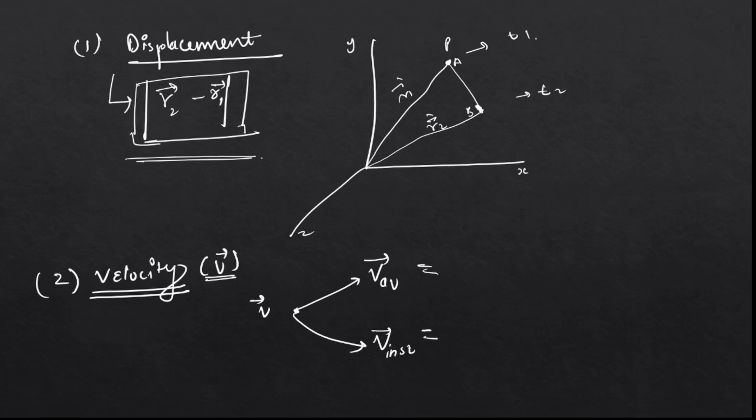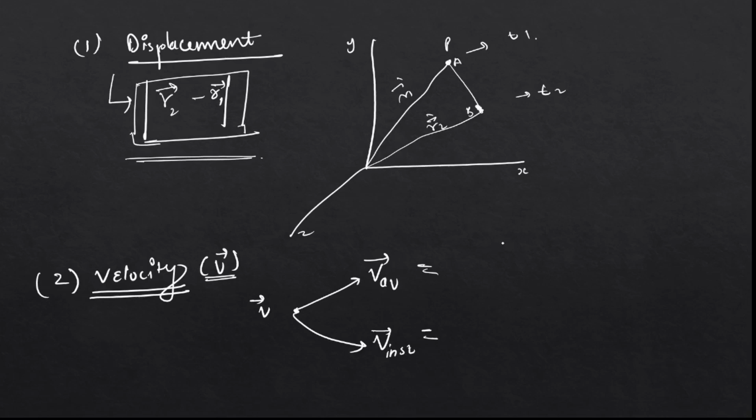So what is the average velocity? If I am taking how much there is change in the displacement with time from final position to initial position, that is termed as the average velocity, the change produced in the position at the initial position and the final position with time obviously.